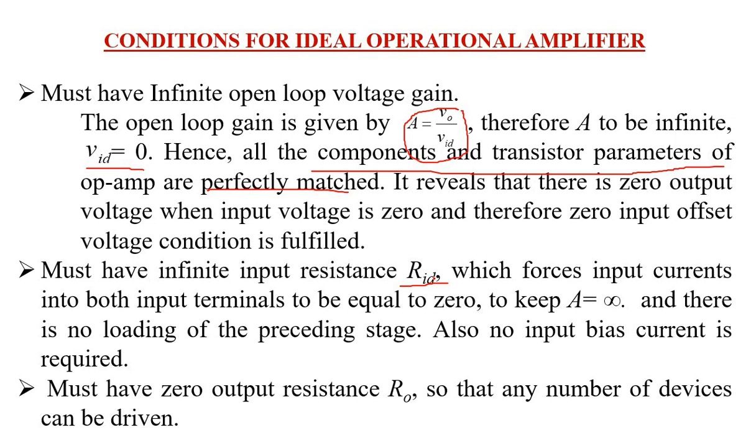It is because to keep the gain infinite, there must be no loading of the preceding stage. This condition gives us a very nice condition, that no input bias current is required. So this is the most important condition.